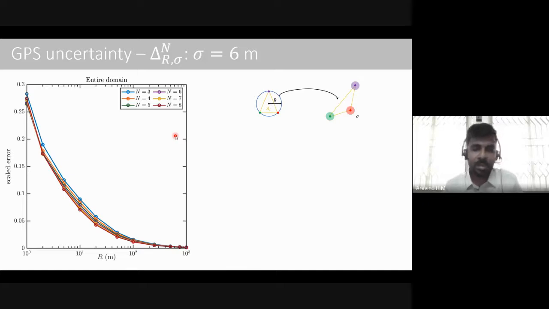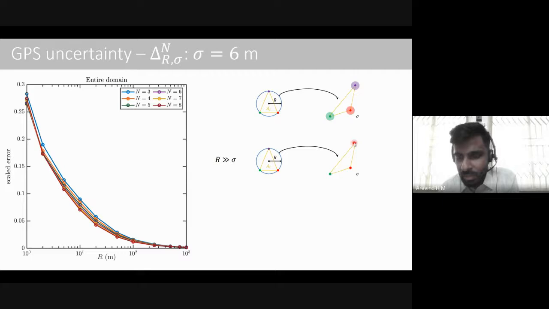So why does this happen? Well, if the initial deployment radius r is very large compared to the GPS uncertainty, the GPS uncertainty doesn't really play much of a role when we look at the final distribution of drifters.